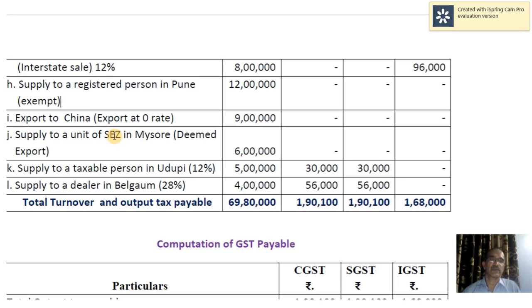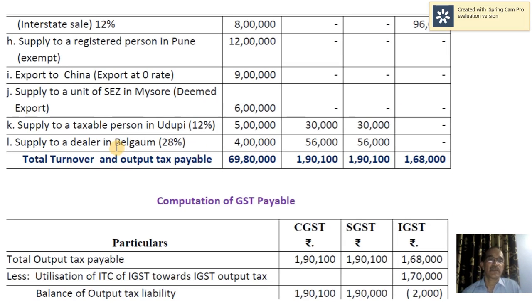Supply to a unit of special economic zone in Mysore, so it is deemed to be zero rated and deemed export, so no tax. Supply to a taxable person in Udupi, so on 5 lakh at the rate of 6%, CGST 30,000, SGST 30,000. Supply to a dealer in Belgaum, intrastate, so 14% each, 4 lakh into 14%, 56,000 each.